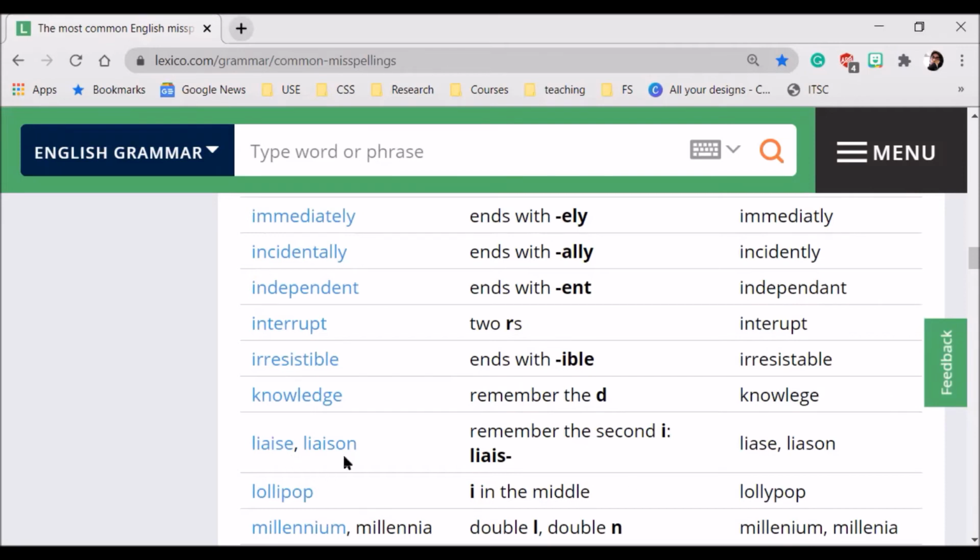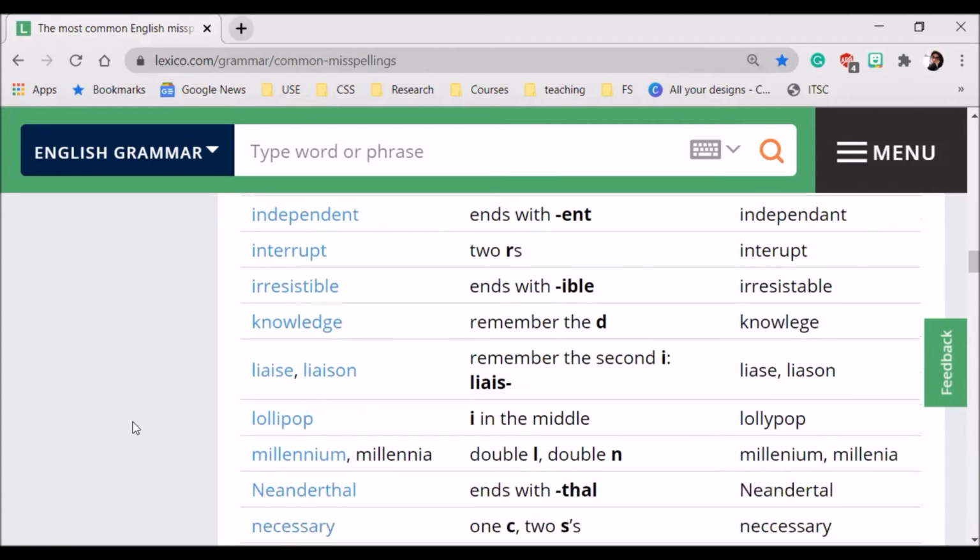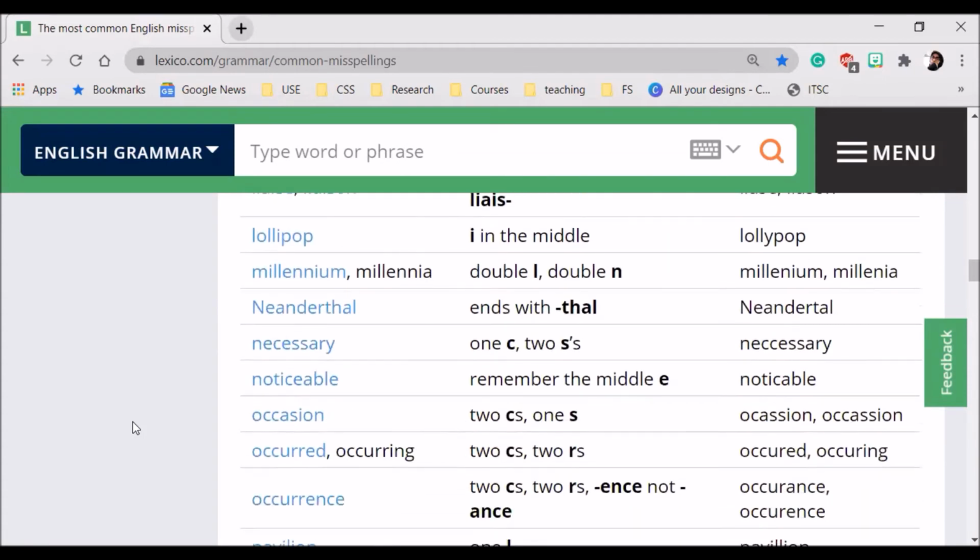We have lollipop, I in the middle, not Y. Necessary is again a very commonly misspelled word. We have one C and two S. Okay, so many students either use double C and double S, but what we have to remember is it has one C and two S. Okay, we also have noticeable.